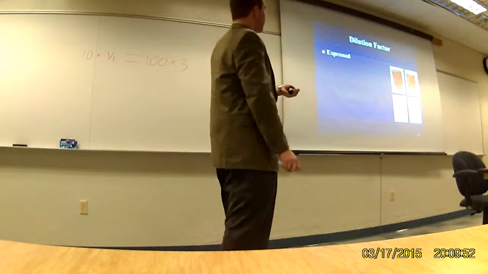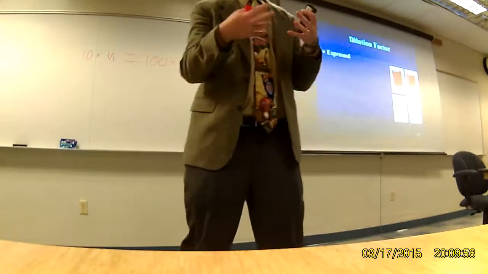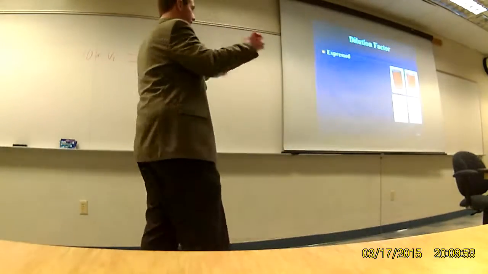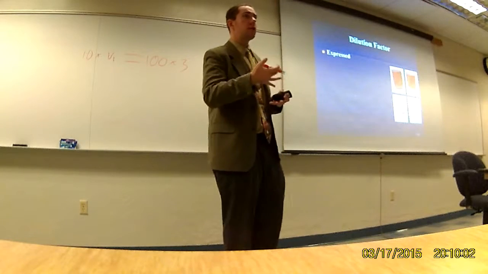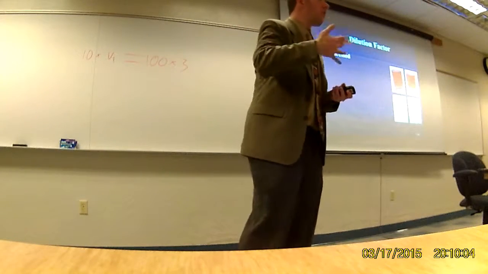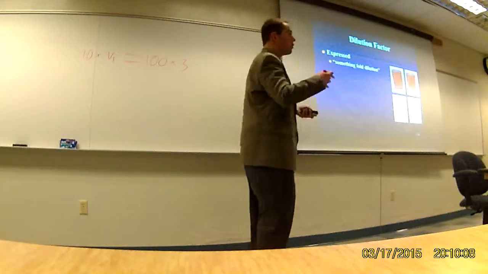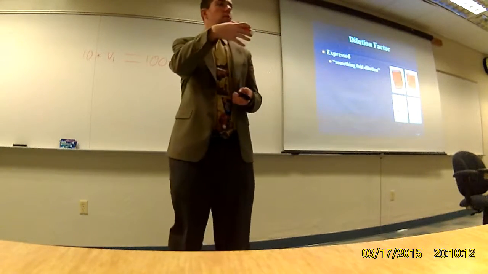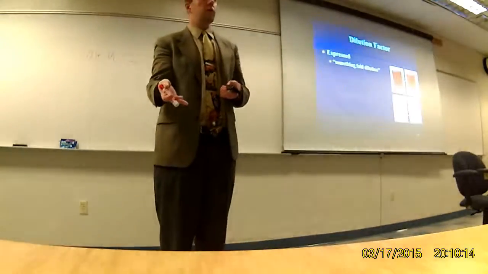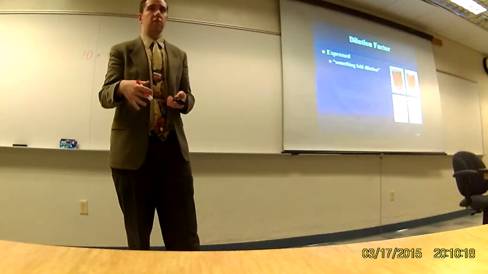So with dilutions, in the lab, we have kind of slang terms to talk about dilution. It's called dilution factor. That tells us how much it's diluted. We can say something is a twofold dilution. That means the volume is now twice as large, which means our concentration is half as high.